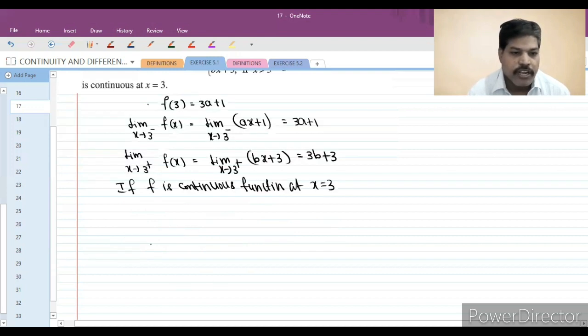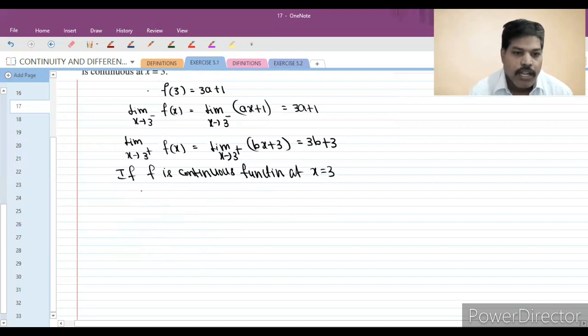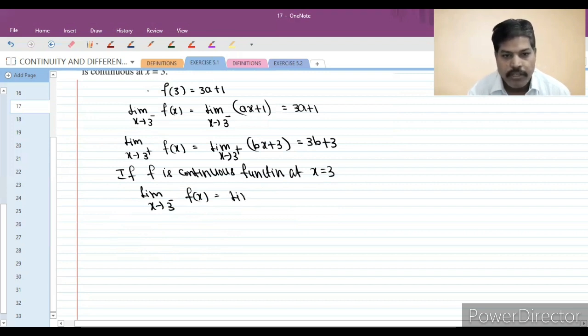From the definition you already know that the limit as x tends to 3 minus of f of x is equal to the limit as x tends to 3 plus of f of x, which is equal to f of 3.